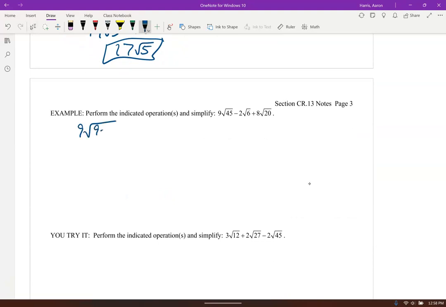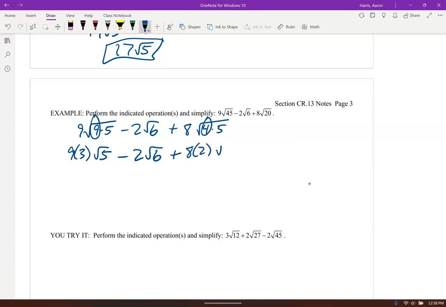45 is 9 and 5. 6, nothing we can do with the square root of 6. It's 2 and 3, but you can't take the square root of either of those. 20 is 4 and 5. And we know the square root of 9 is 3. Square root of 4 is 2.